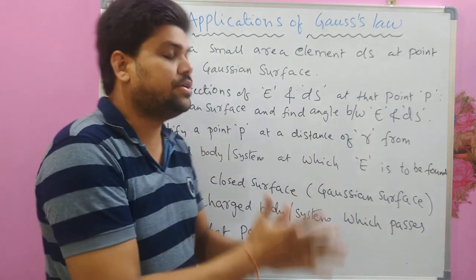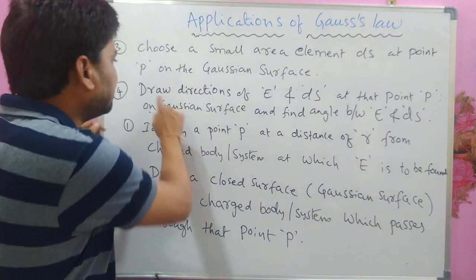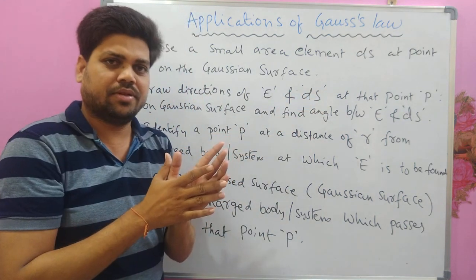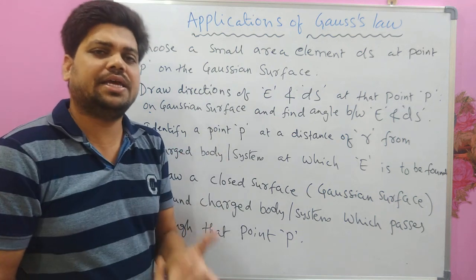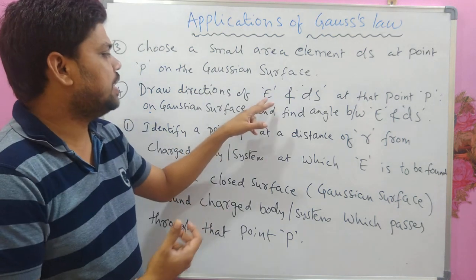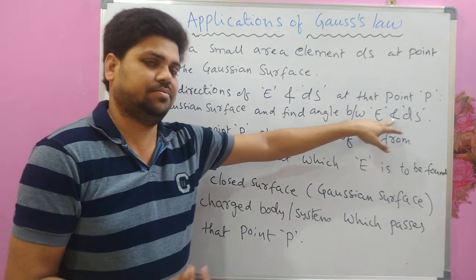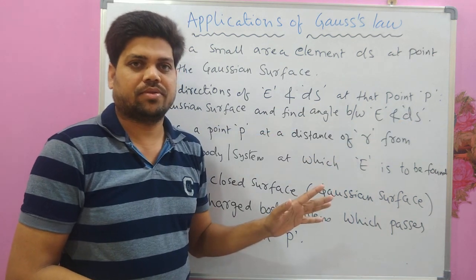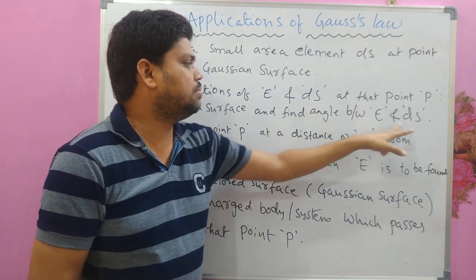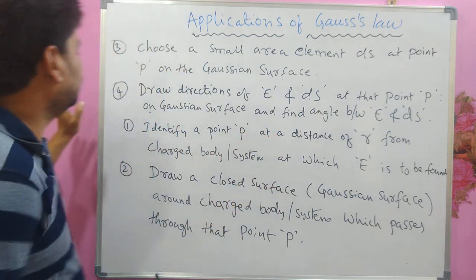If you can draw the directions of E and ds, it will automatically give you the angle between electric field strength and ds. So find the angle between E and ds. This is the fourth step.